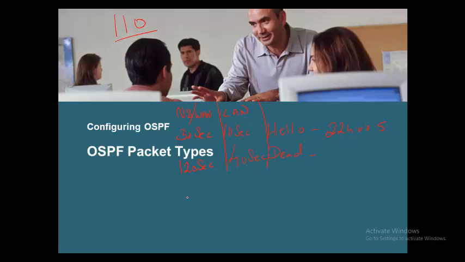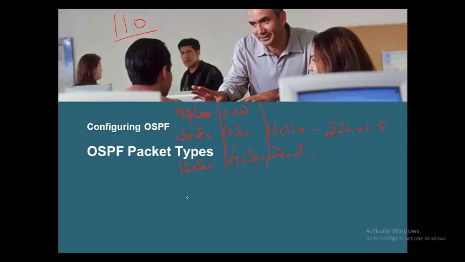So we saw it maintains a table called link state database. But the link state database comes after forming neighbors. In order to form neighbors, LSA is not important. Link state advertisements are not important. In order to form neighbors, LSDB is not important.